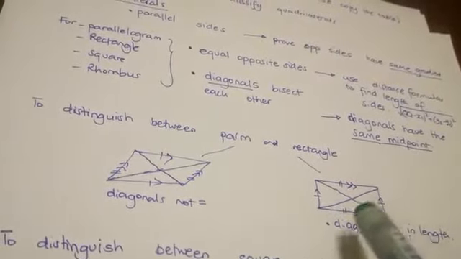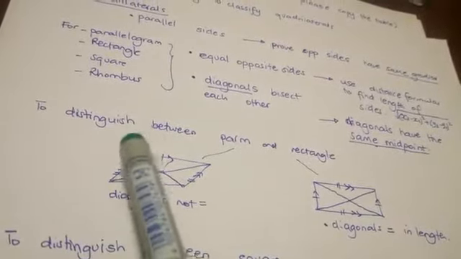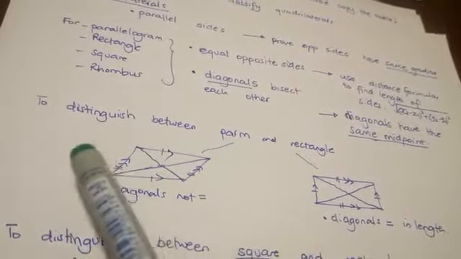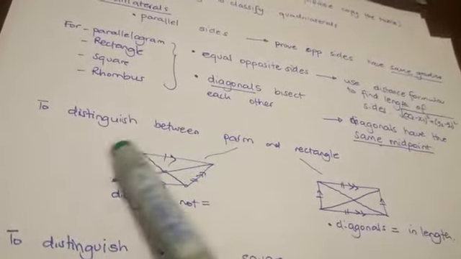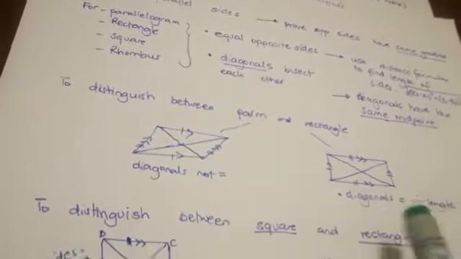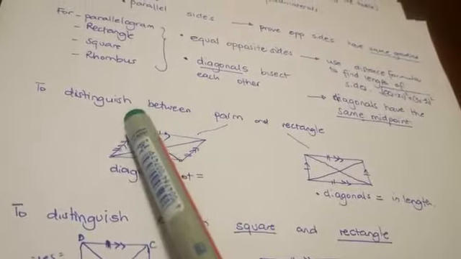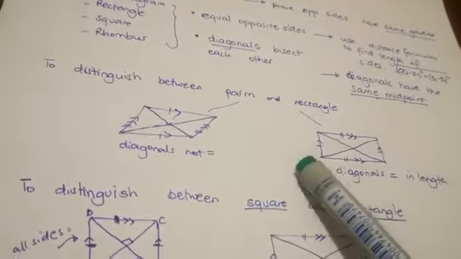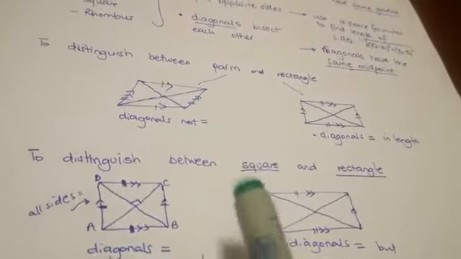The only difference between a rectangle and a parallelogram is that in a parallelogram the diagonals still bisect each other, but the diagonals are not equal. This one is longer than that one. So if you are asked to distinguish, you must show that this diagonal is longer than that one, whereas in a rectangle, this diagonal is equal to that one. That's how you would distinguish between the two.